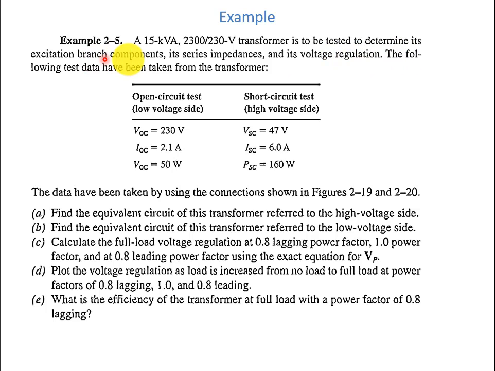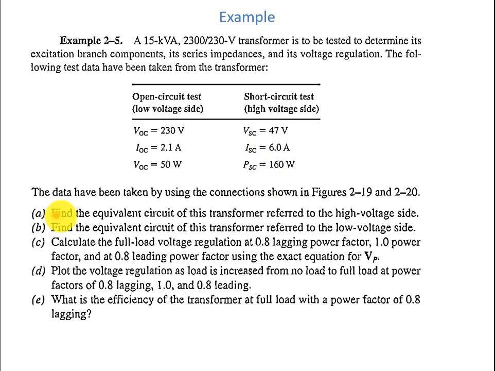So we have to determine all the components that we have seen previously and also its voltage regulation. The following test data have been taken from the transformer. So we have this open circuit test, which is on the low voltage side, and the short circuit test, which is on the high voltage side. So these parameters are given from the experimentation.